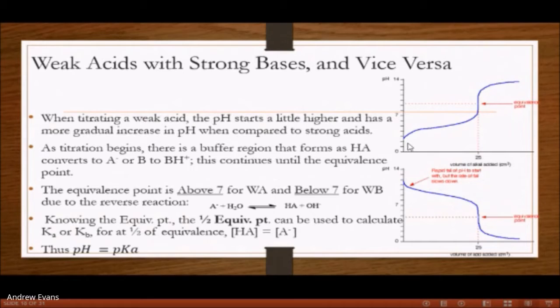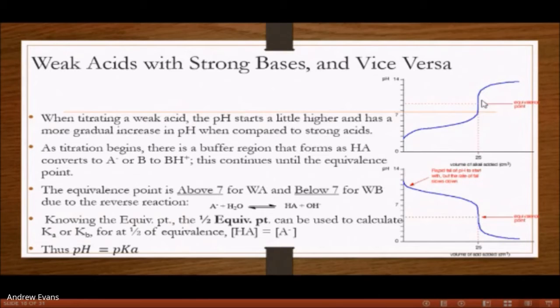One, the pH starts quite a bit higher. So instead of starting around 0, the pH here starts around, say, 3. It increases by a couple pH units, and then it levels off for a slower build until we see that inflection point.